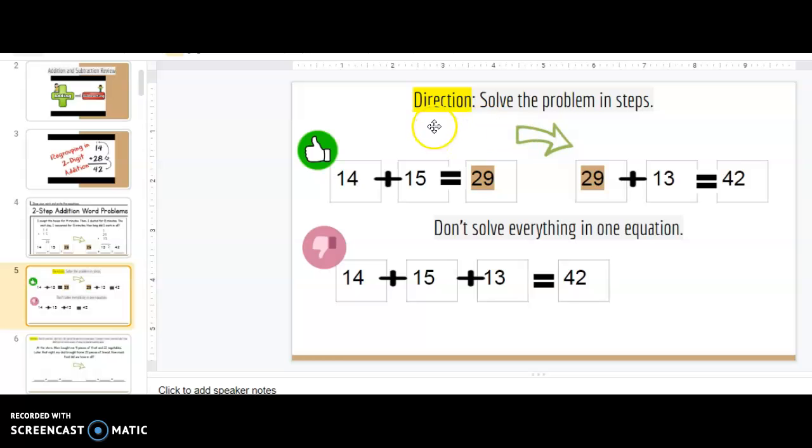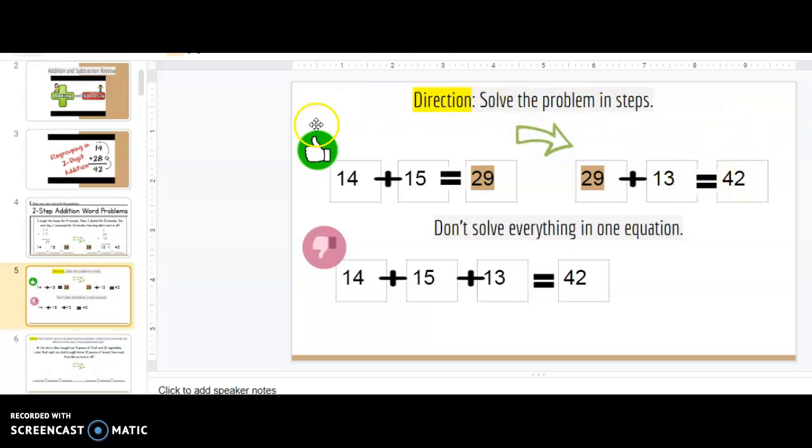So the next slide, the direction is solve the problem in steps. The correct way, thumbs up, is 14 plus 15 equals 29, like we did. We're going to carry that 29 over for our second addition problem. So 29 plus 13 equals 42.